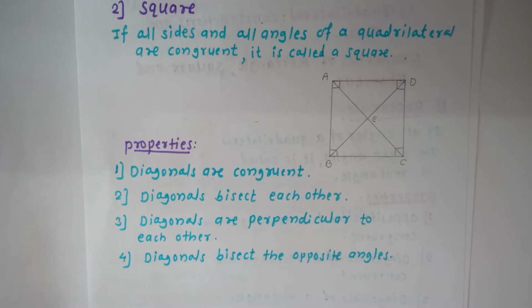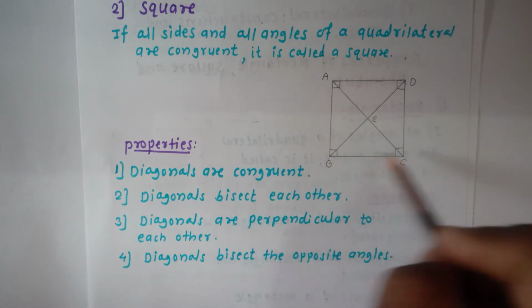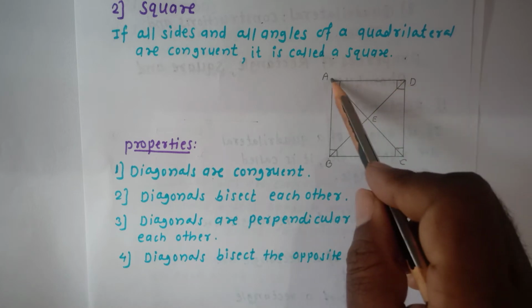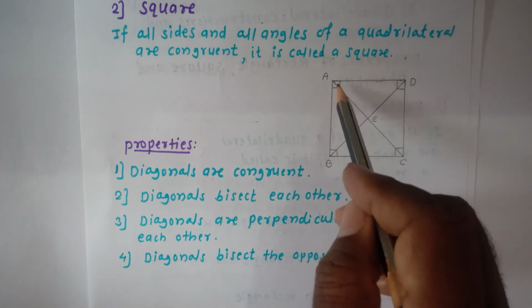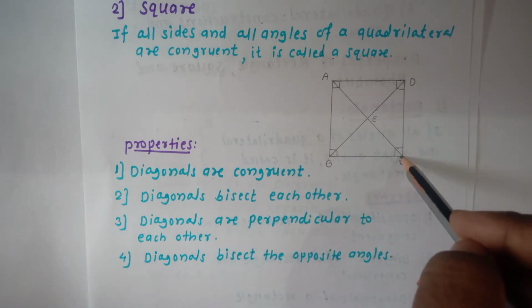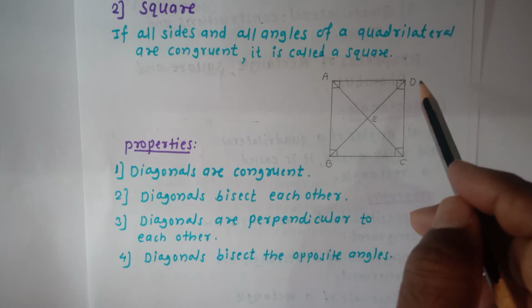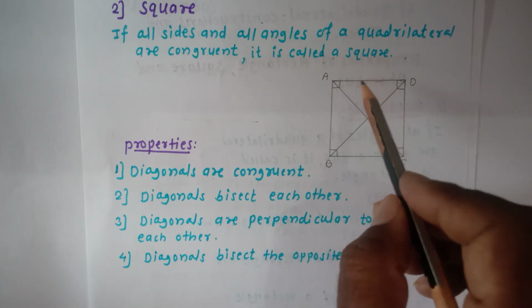Now number 2, square. If all sides and all angles of quadrilateral are congruent, then it is called as a square. In the figure, quadrilateral ABCD is a square because angle A is equal to angle B is equal to angle C is equal to angle D. All the angles are congruent. So all the angles are 90 degree.